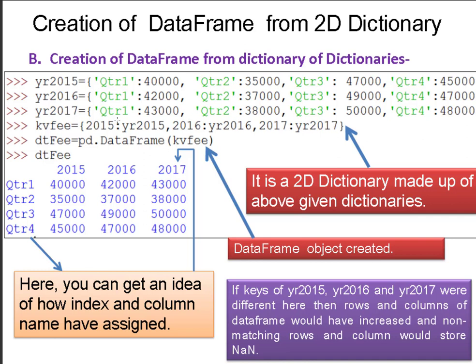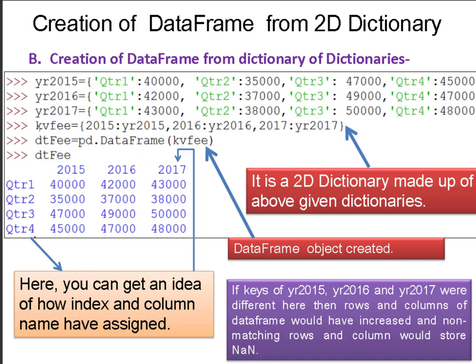So this is the object we created. Clear? And these are all the dictionaries. This is the 2D dictionary, and this 2D dictionary is stored in the KV fee object.